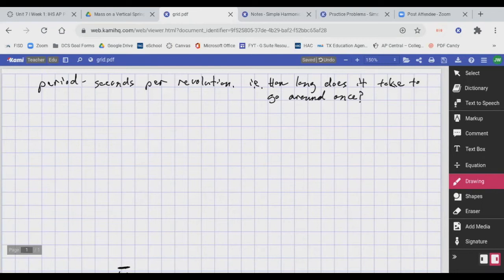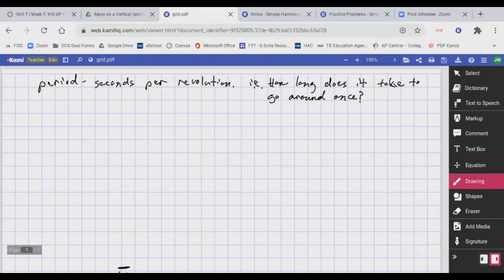So if you're at a pendulum, it's not going from, let's say we're going to start at equilibrium, and then it goes to the right, and then it comes back to equilibrium. That's only half of one period, because one period is one full cycle. So if you're at the equilibrium and it goes to the right, it passes through equilibrium, goes to the left, and then it comes back to equilibrium, that would be one full cycle.